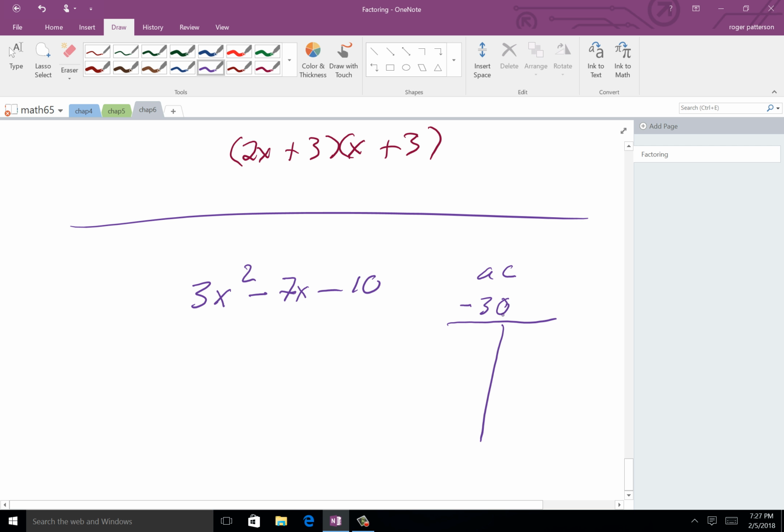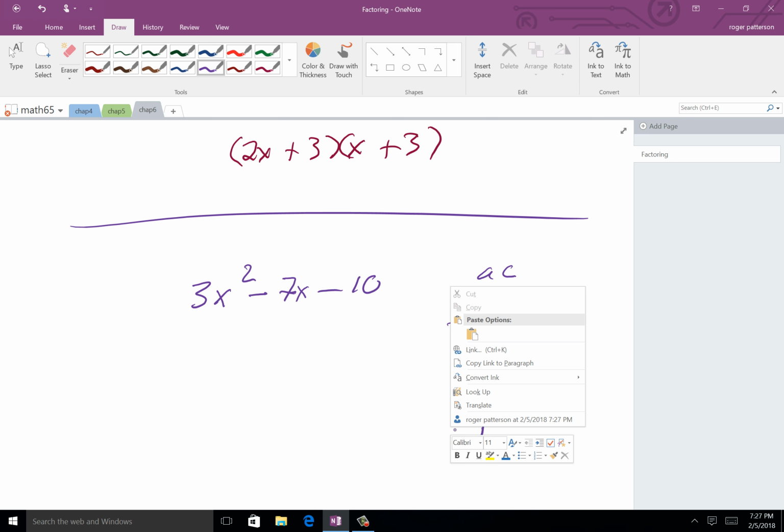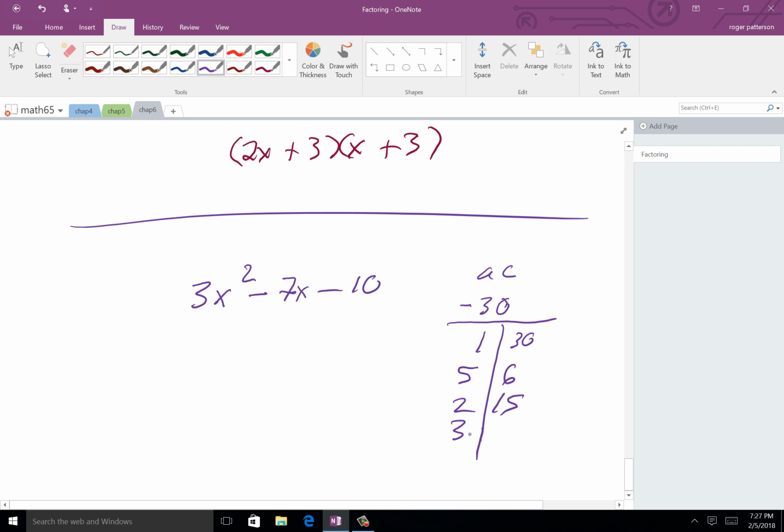I'm going to come up with my factors of 30. Here we go. 1 and 30. What else we got? 5 and 6. What else we got? 2 and 15. Oh, I didn't even think about that. What else we got? We got one more. 3 and 10.